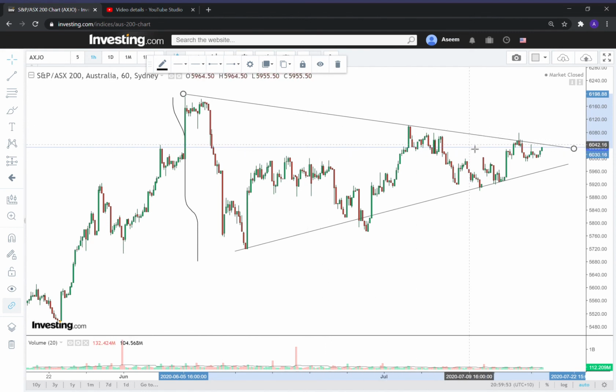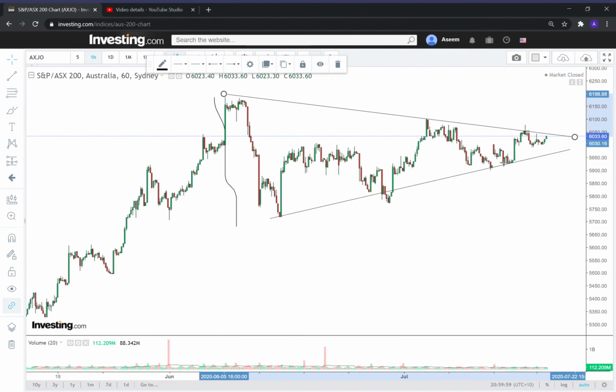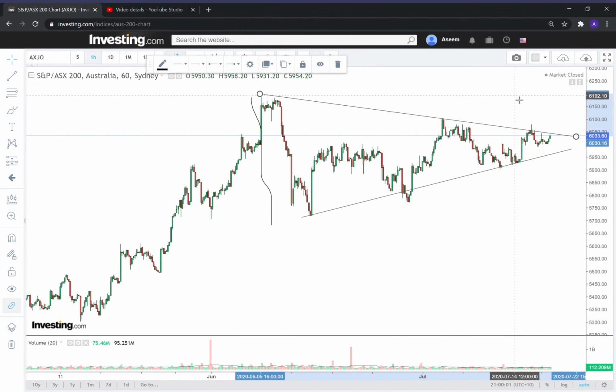However, if the market is able to sustain and cross this zone, then the market can easily reach 6400 levels, because the next target is going to be these 450 points, which is your next level from here to here.